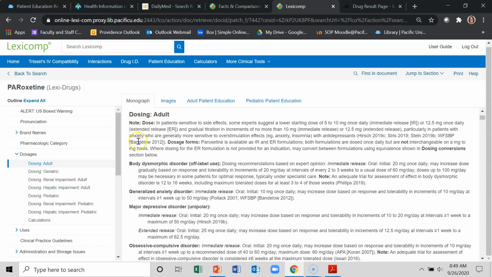So many of them often do have some general information at the very top of the monograph about dosing. And I do usually encourage you to read this general section before you just jump into finding your specific indication, like here, for example, major depressive disorder. This is often where they would talk about some of the switch information, some general precautions or approaches to dosing. So it's very helpful usually to read this.